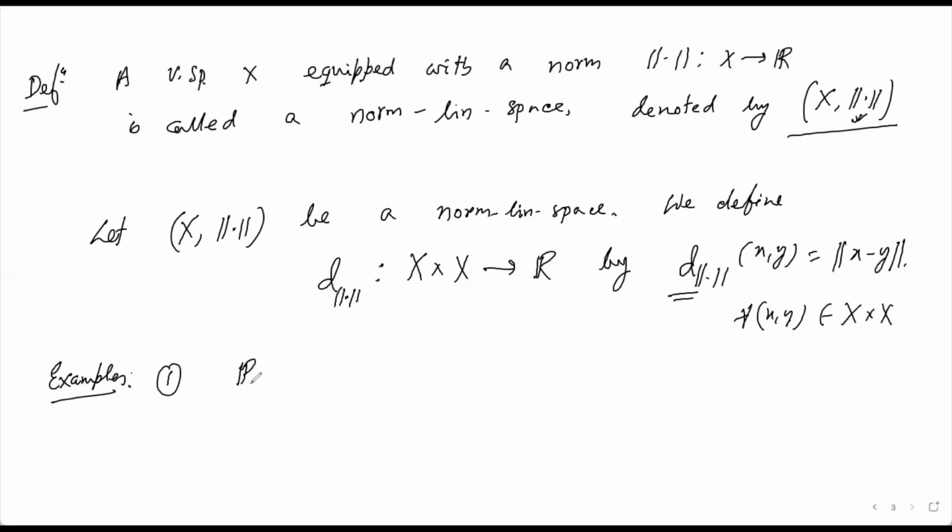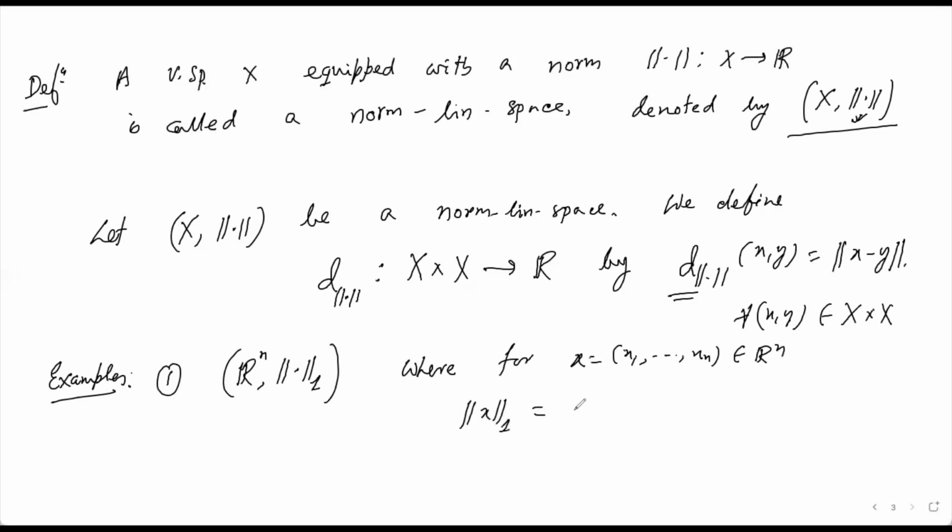Example 1, Rn with the norm 1, where for x equal to x1 and so on up to xn belongs to Rn, norm 1 of x is equal to summation of absolute value of xi over i equal to 1 to n. Then this is a norm linear space. So Rn is a vector space over set of all reals of dimension n, and this is a norm on Rn, defined here, and therefore this pair is a norm linear space.